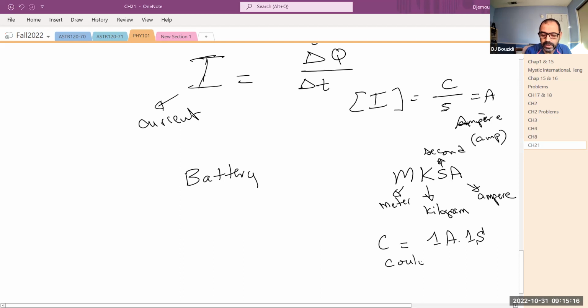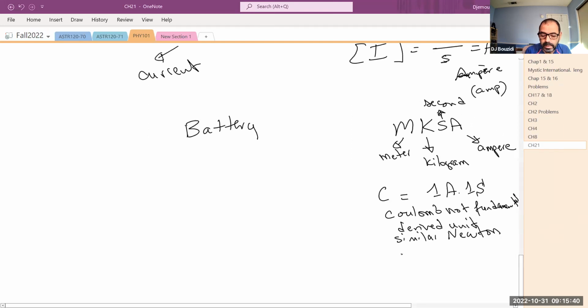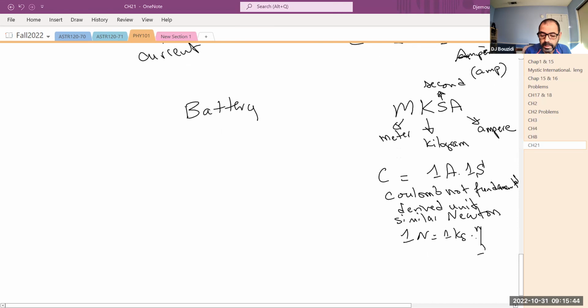So 1 Coulomb is not a fundamental unit, but rather a derived unit, similar to Newton. Remember, a Newton is 1 kilogram times meter per second squared.